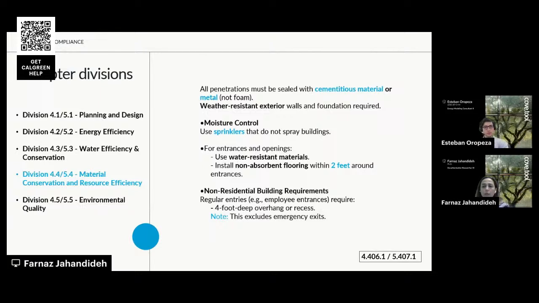For openings and entrances, using water-resistant material and non-absorbent flooring within 2 feet around each opening is mandatory. And for non-residential buildings, any regular entry, like an employee entrance, but not an emergency exit or something like that, needs to have a 4-foot deep overhang for compliance.